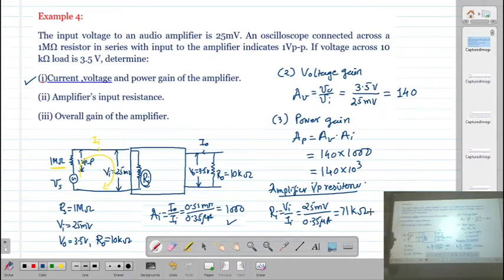Now what you have to calculate is the overall gain of the amplifier. Remember, whatever voltage gain we have calculated is the internal one. Overall means I have to take the ratio of the output voltage divided by the source voltage.